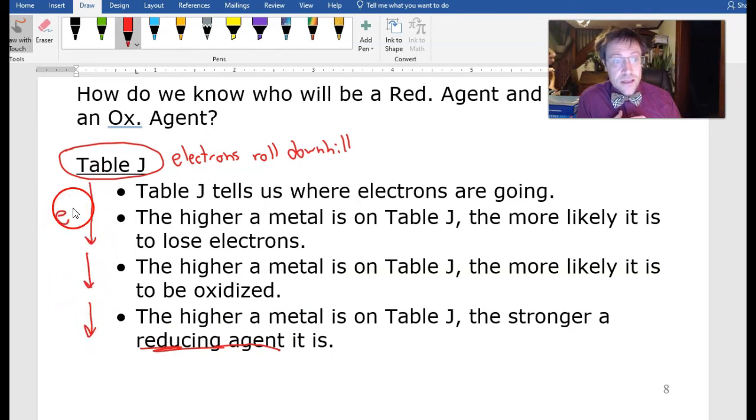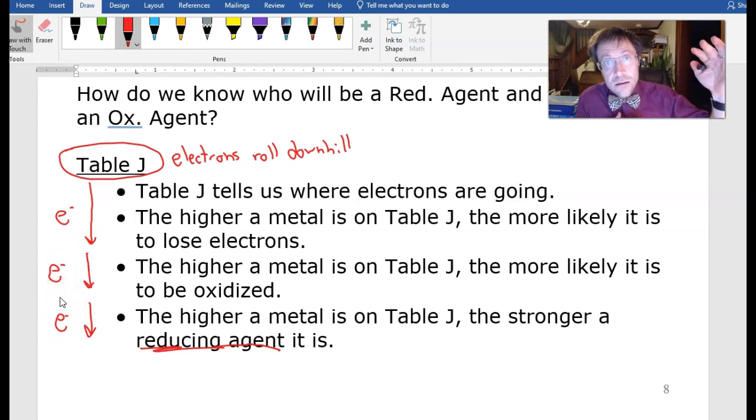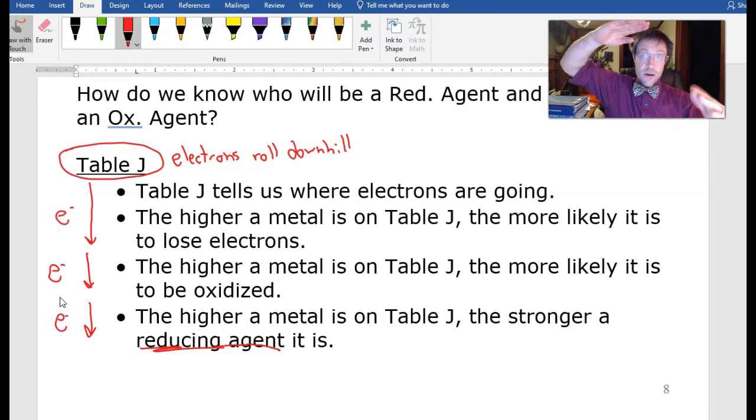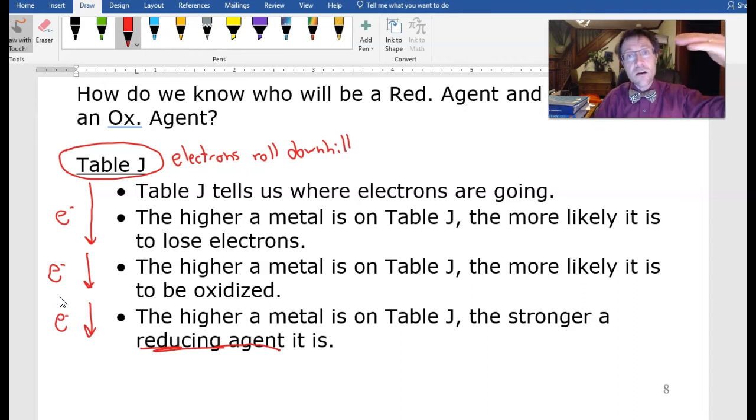You got it? Electrons will go from the metals higher up on table J to the metals lower on table J. So when we try to set up our battery, we're going to have two metals, and the metal that's higher on table J will lose the electrons, and the metal that's lower on table J is the one that's going to gain the electrons. If it's higher on table J, it's losing electrons.